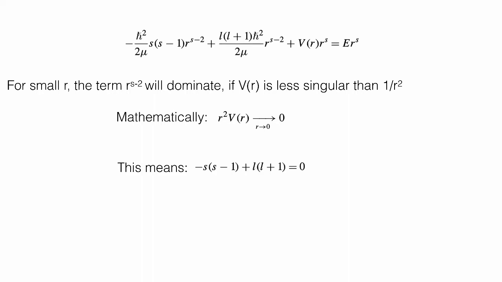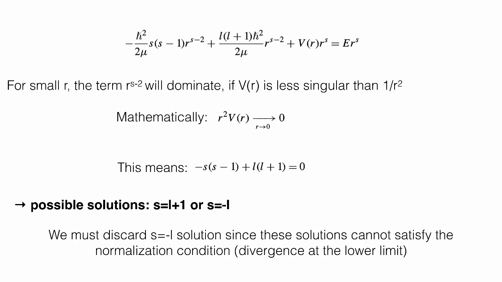And then we find that in the end of the day, the equation above, we can just simplify v of r. We find that there is a relationship between the power s and the value L. In fact, we find a possible solution at s equal L plus 1 or s equal minus L. Now, it is pretty obvious that we have to discard the solution s equal minus L, simply because in that case we could not normalize the wave function.